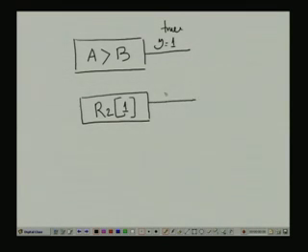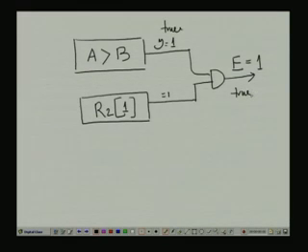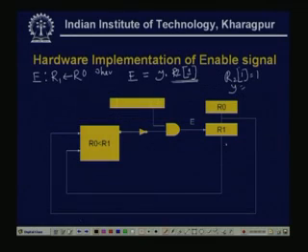If this value is 1, then these two are ANDed, so it will generate E equal to 1, that means true. So, this is my enable signal generation, E is 1.